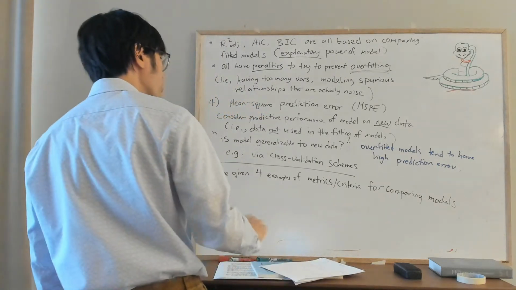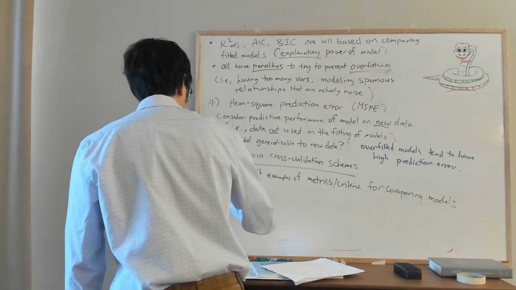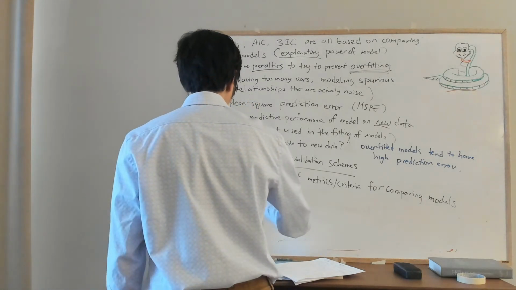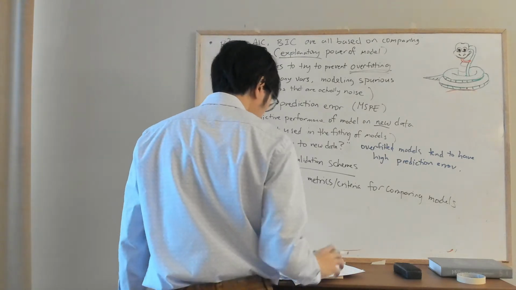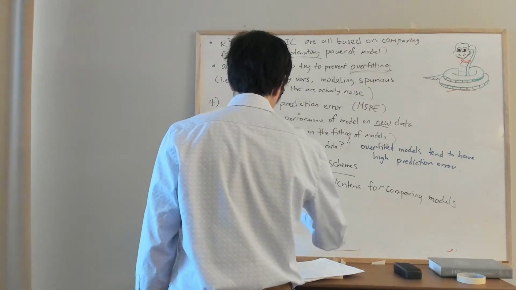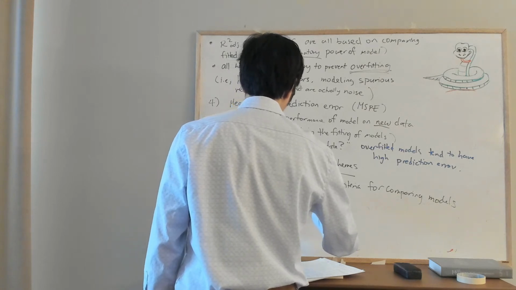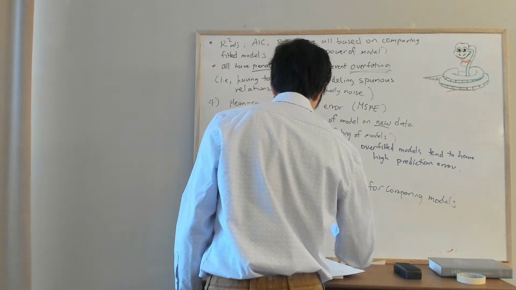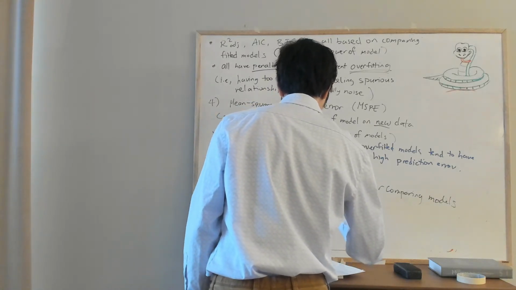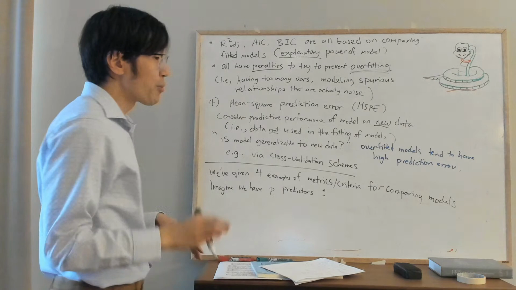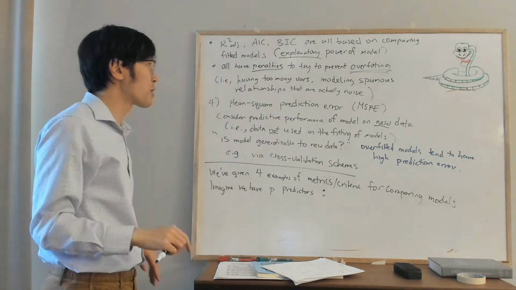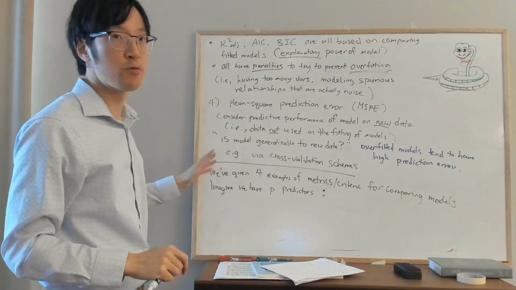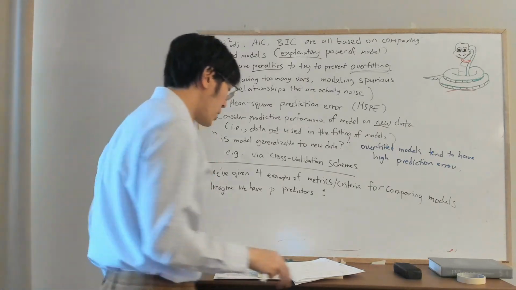Imagine we have, let's say, P predictors. Let's just do a quick count so that we see why selection and search strategies are needed. We have P predictors.